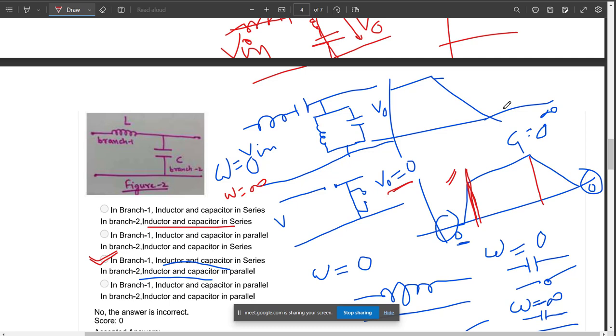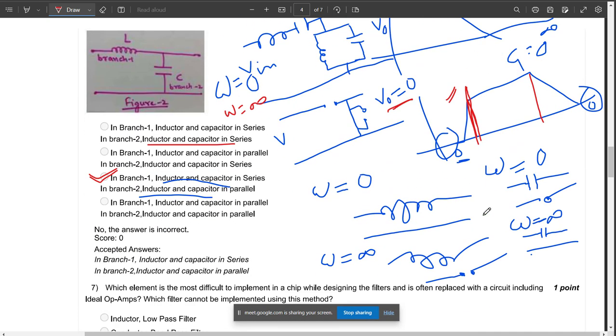Yes, correct. But I want a different kind of explanation. Everyone understood what is happening here, but I want to explain it in a different way, in layman's terms. Is there anyone who can explain it in layman's terms? I tried to explain using this one.